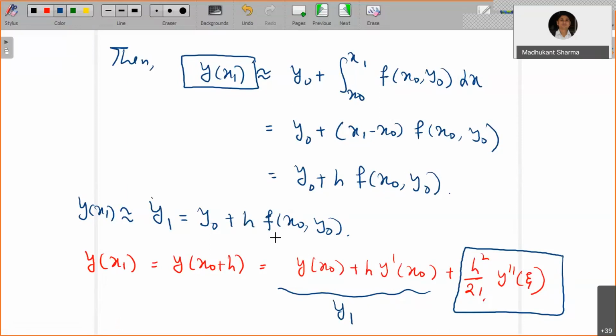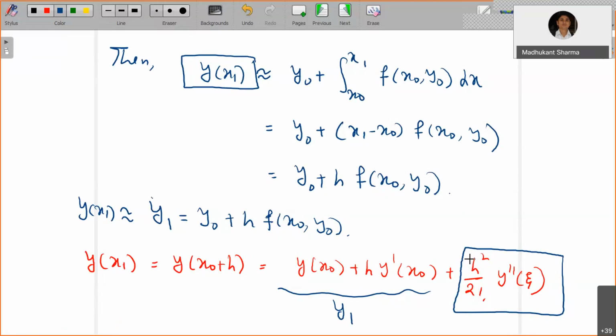Now, one more thing: this is happening because of Taylor's theorem. Taylor's theorem gives you an approximation about the point x naught, meaning in the neighborhood of x naught only. So if you go very far, if h is large, certainly this error is large. You can analyze from here itself.